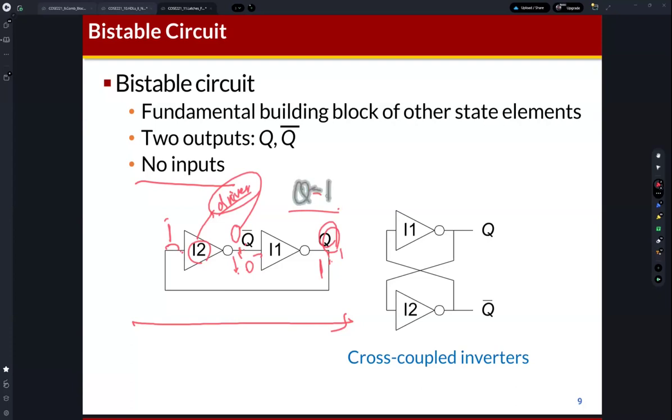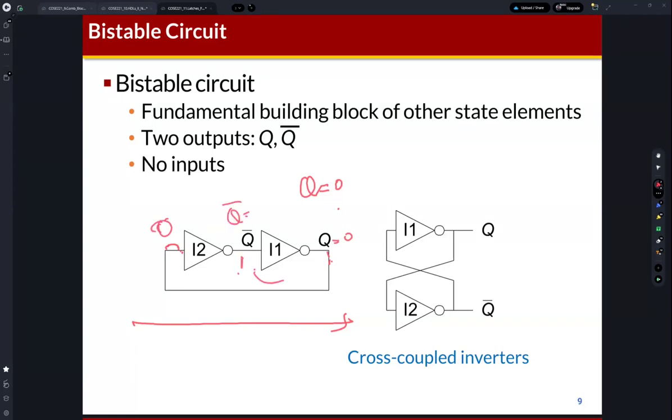How about Q equals 0? If Q equals 0, then simply this is 1. Q bar is 1, and then also Q is 0. So we can think about two different values, Q equals 1 or Q equals 0.